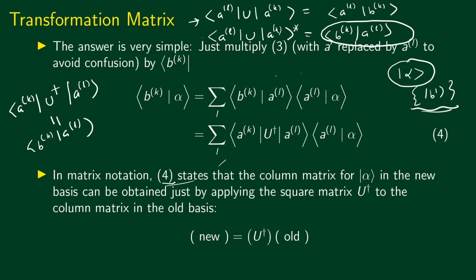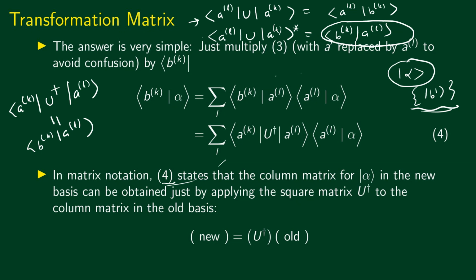So we have got a transformation equation to go from the column matrix in the old basis to the column matrix in the new basis. This is exactly how we did it in the case of rotations in three-dimensional space also.